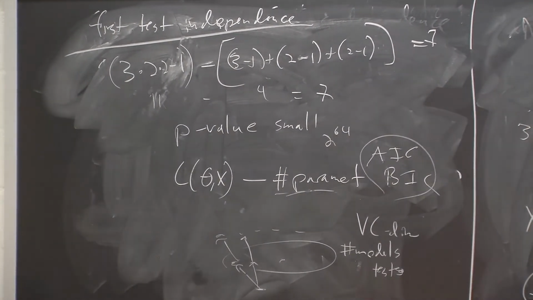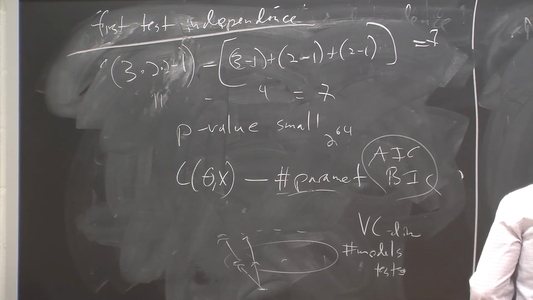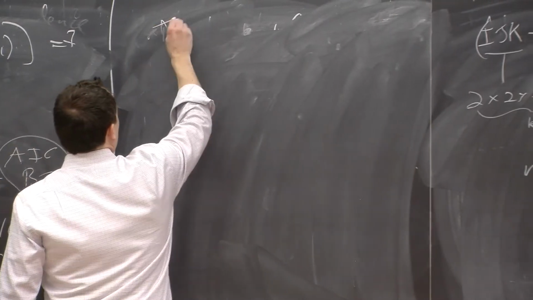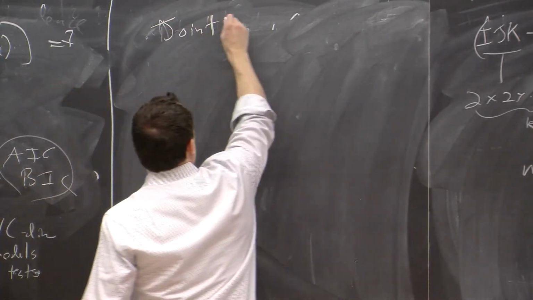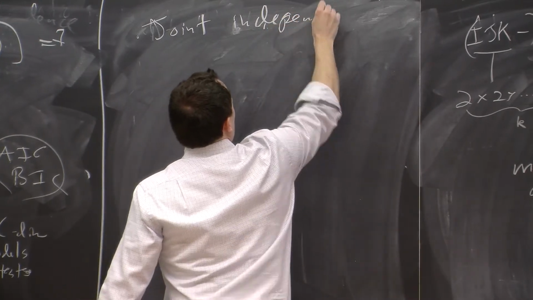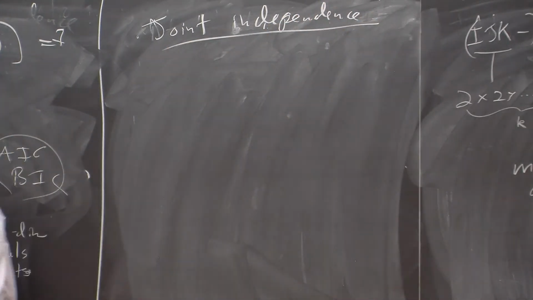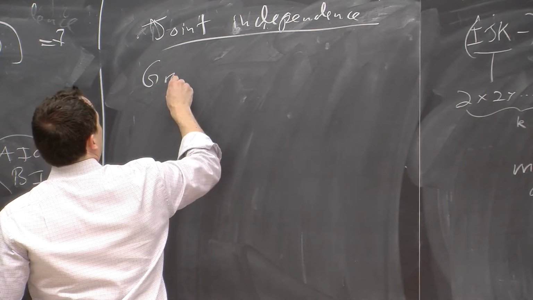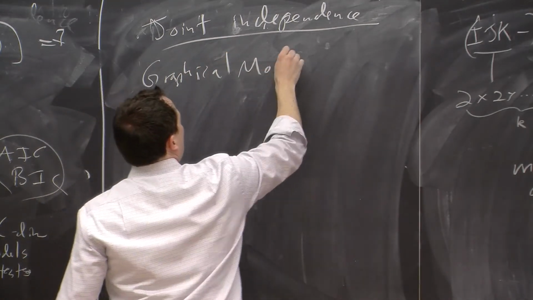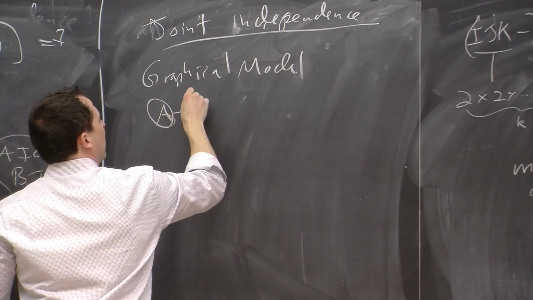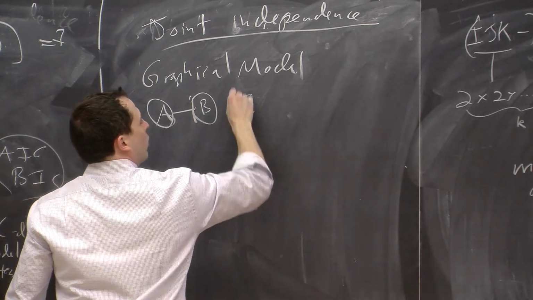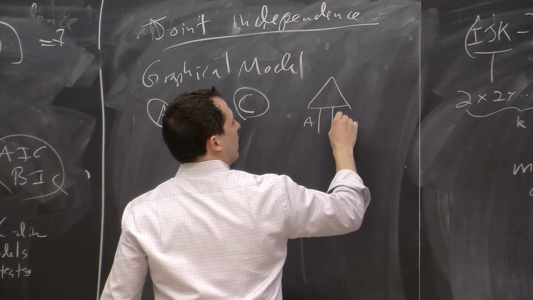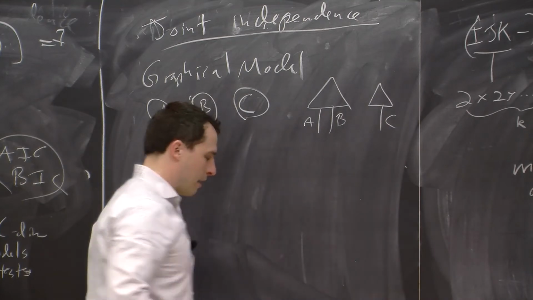Okay. Let me discuss for a minute the next model to consider besides independence. This one is sometimes called joint independence. In graphical model notation, we say A and B are related, but they're jointly independent of C. In tensor notation, here are A and B, which come from the same thing, and C is unrelated to them.